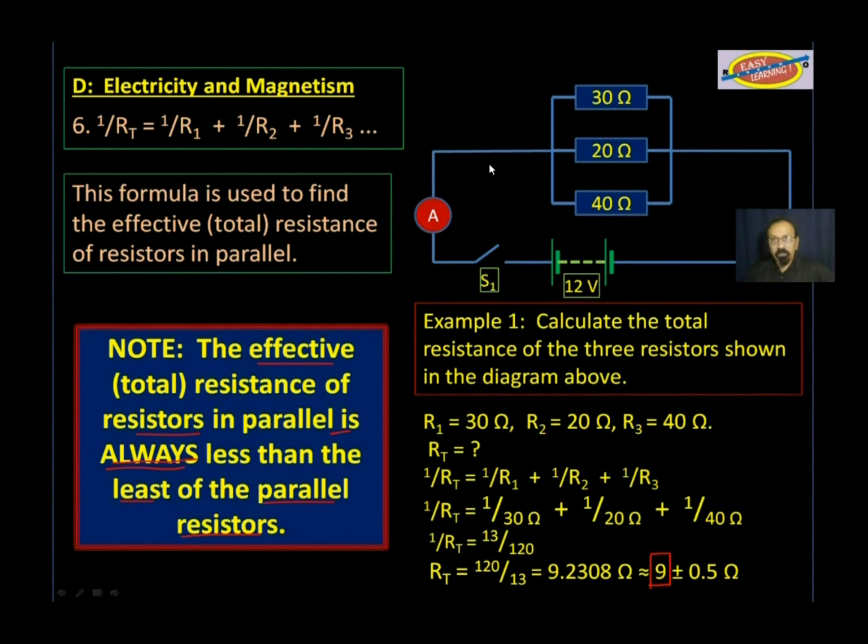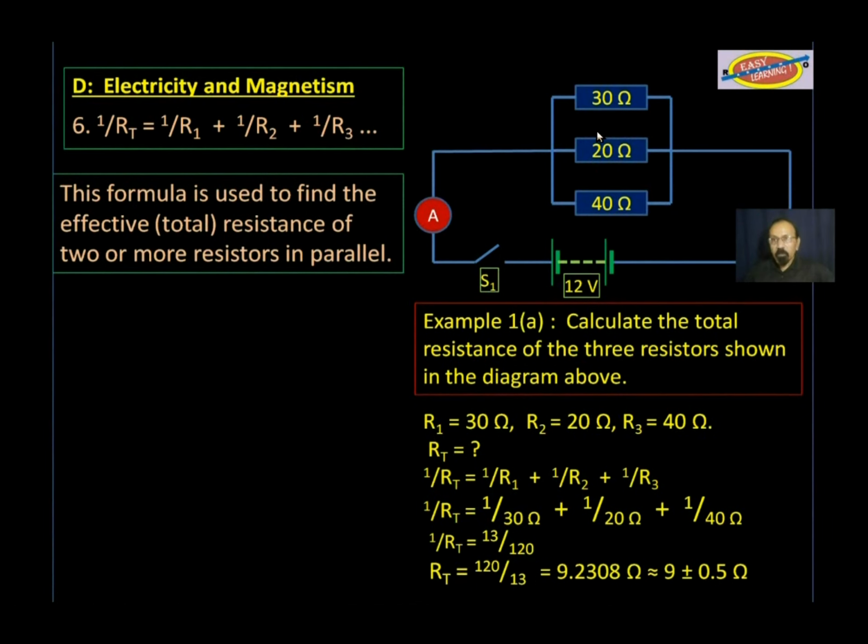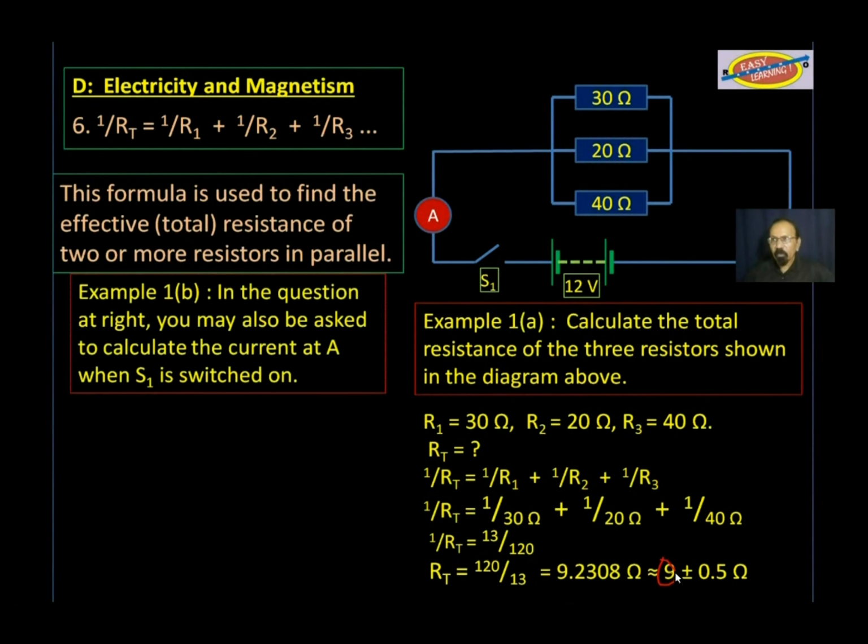So the three resistors we have here are 30 ohms, 20 ohms, and 40 ohms. What did we get as their effective resistance, their total resistance? 9 ohms. 9 is less than the least of these. So we calculated the resistance, 9 ohms.